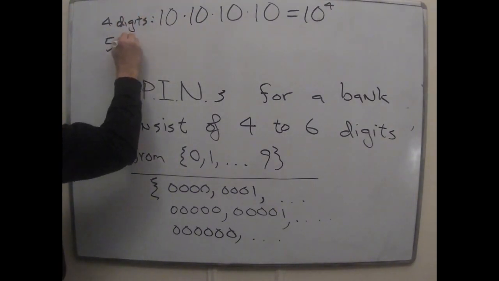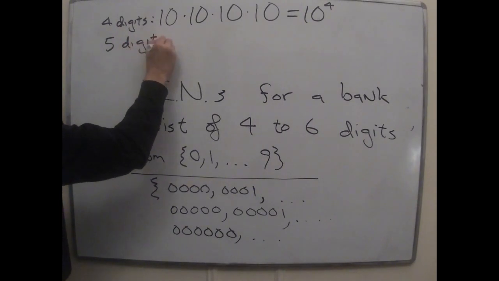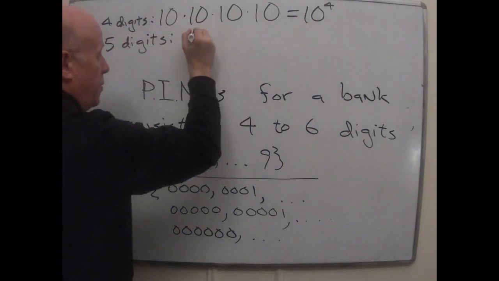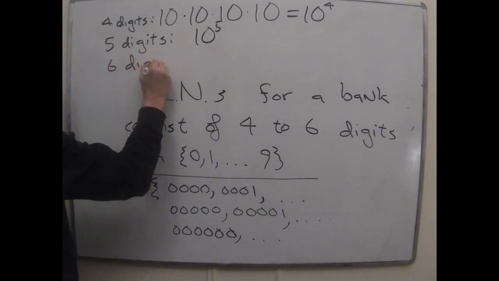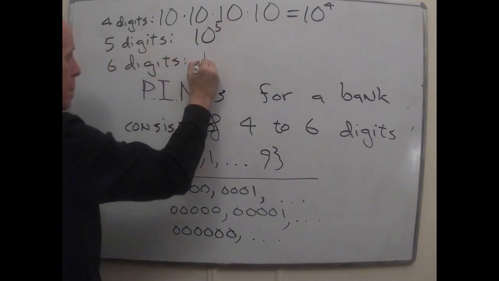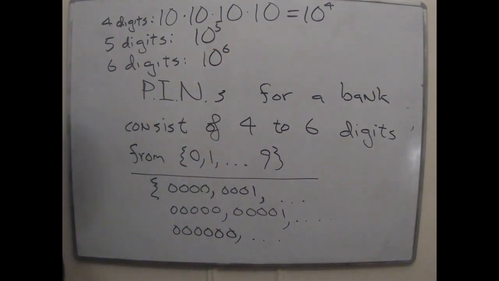5 digits, maybe I can just cut to the chase here. 5-digit PINs would have 10 to the 5th. And 6-digit PINs would be 10 to the 6th of them. So what's the total?